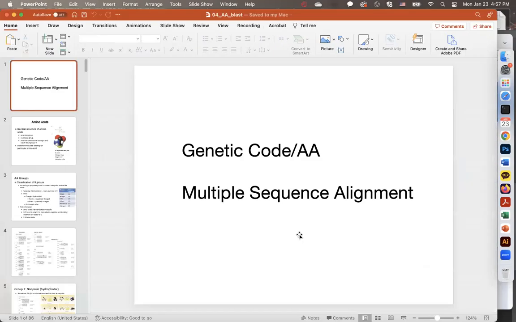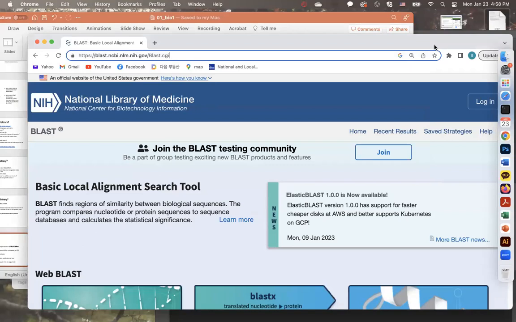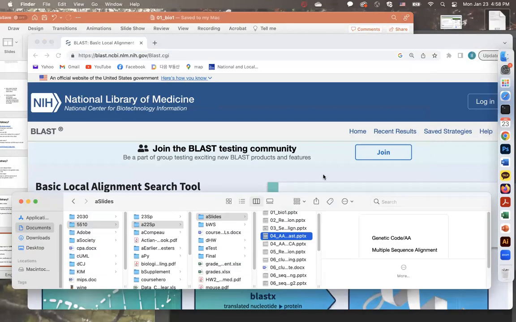Is it? Yeah, it's for an alignment. Would that be? Protein database. Start with the Pro.